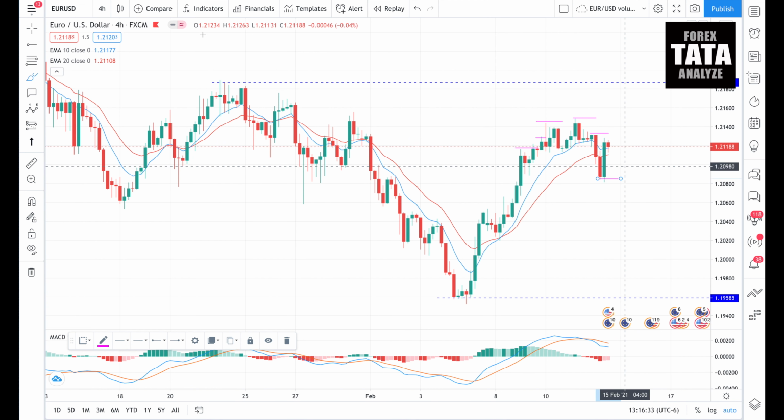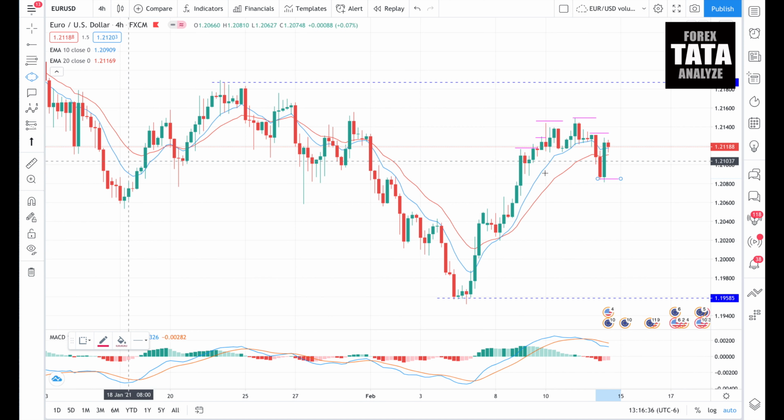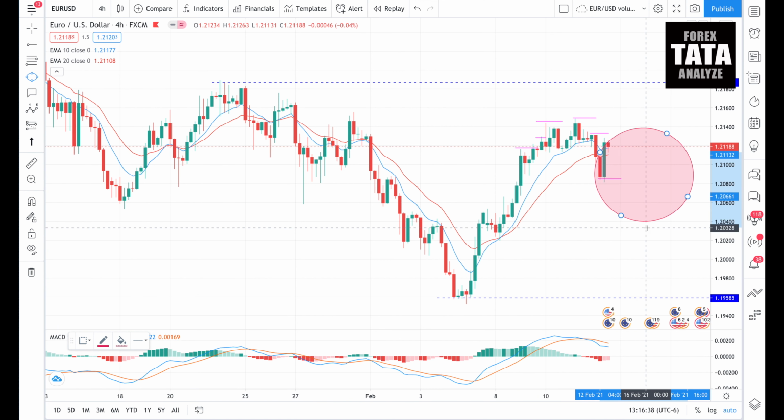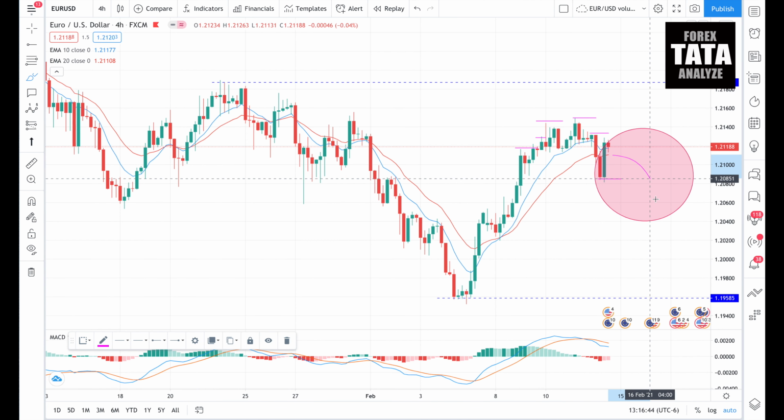And when we see this correction in this area right here, then we can start monitoring and see if the EMA will cut for short, like this, for example, and the MACD will cross the 0 right here. This will be a signal for a sale.